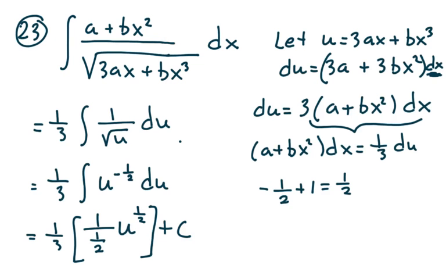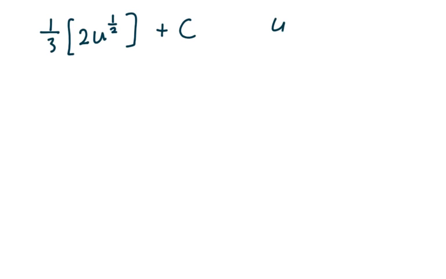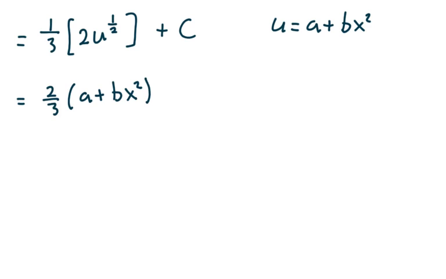And so this is 1/3 times 2u to the 1/2 plus c. And u is a plus bx squared. And so this is 2/3 times a plus bx squared to the 1/2 plus c. And that's how we do 23.